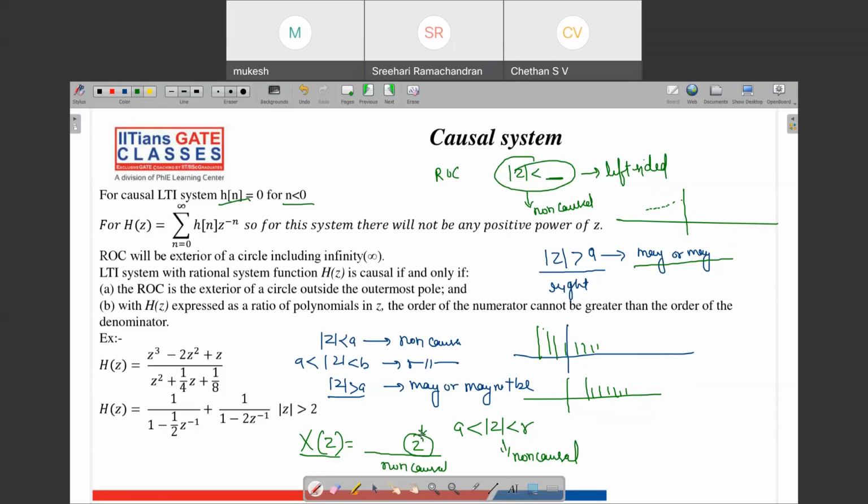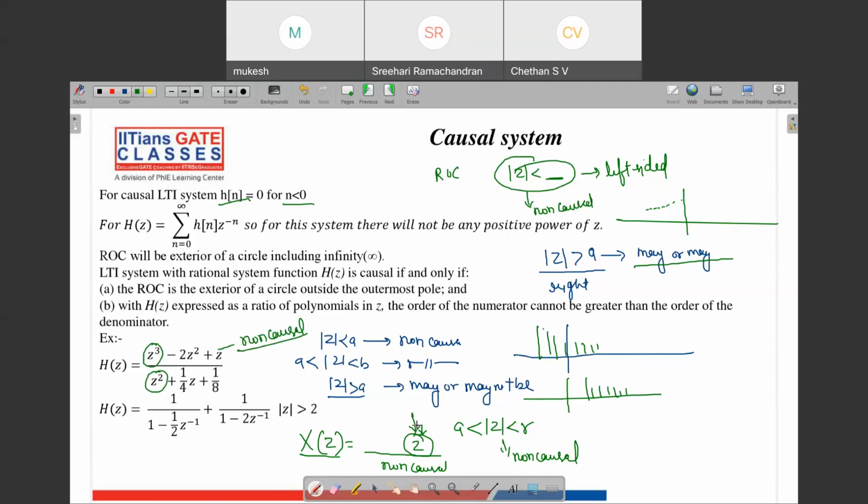Now to find out whether you get a positive power of z after expanding, you need to do just one thing. Check the numerator polynomial and denominator polynomial and see whether the numerator polynomial is higher than the denominator polynomial. If the numerator polynomial is higher than the denominator polynomial, it will be non-causal, because after dividing by the denominator you will definitely get a positive power of z.